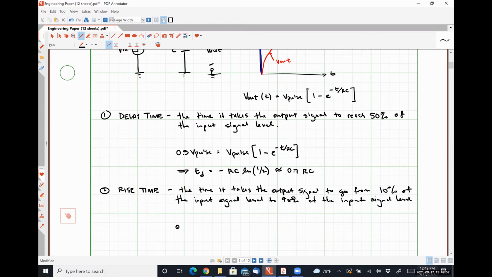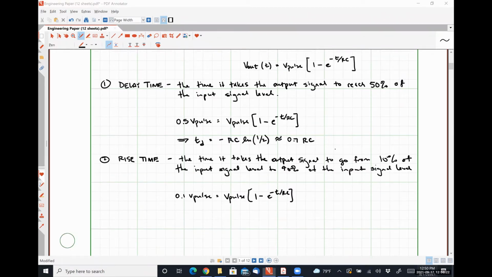So mathematically, to determine my rise time, I don't know why I wrote it down as TD in my notes. That doesn't make a lick of sense. So I'm going to look at the 10% value first. So that would be 0.1 V pulse equal to V pulse times 1 minus e to the minus t over RC, and t at 10% is negative RC natural log 0.9.